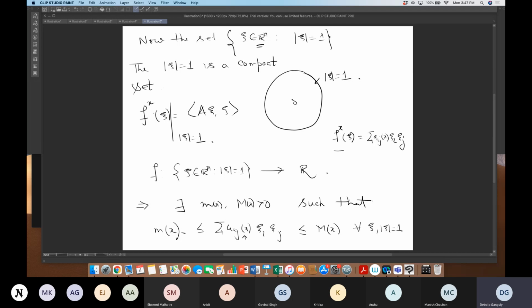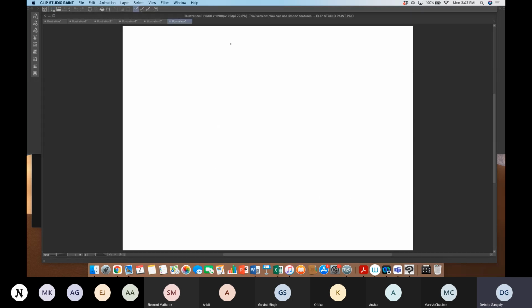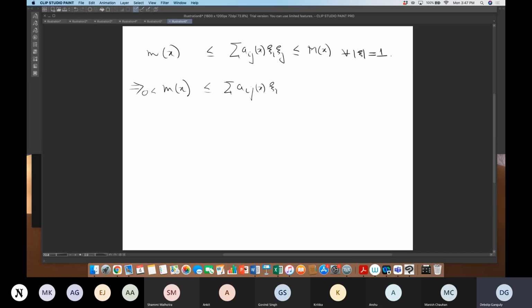Now what we have obtained, just using the ellipticity condition, is that the sum a_ij(x) ξ_i ξ_j is less than or equal to M(x) and greater than or equal to small m(x) for all |ξ| = 1. Now I claim that this implies m(x), which is positive, is less than the sum a_ij(x) ξ_i ξ_j, which is less than M(x), for all ξ not equal to 0.